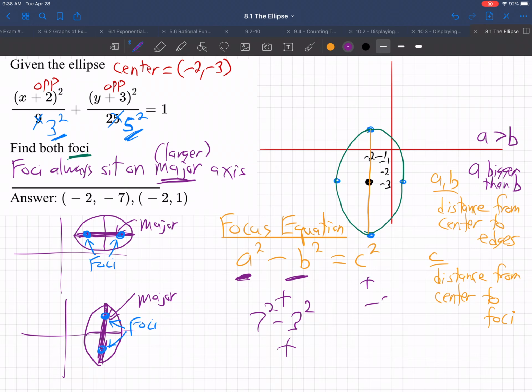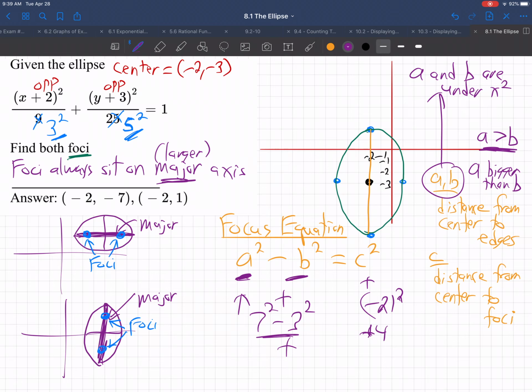Anything squared, even negative 2 squared, will come out positive 4. So the other side is positive, so the left side has to be positive, which means a has got to be the bigger number. So a is always bigger than b when we use this formula. And what are the a and the b? a and b are under x squared and y squared.